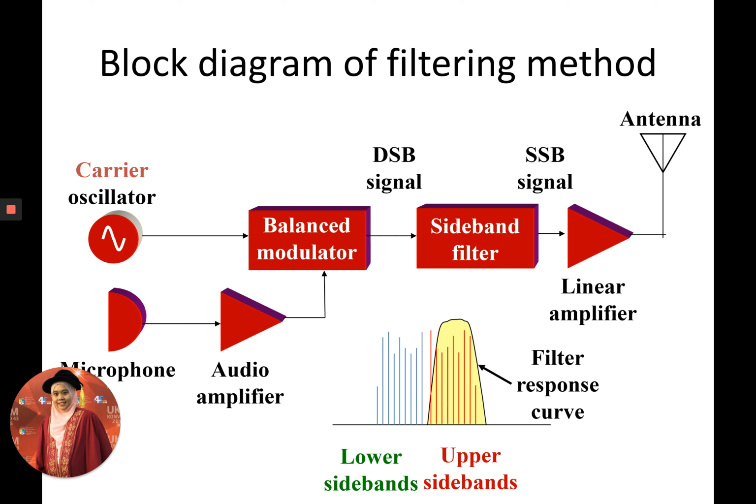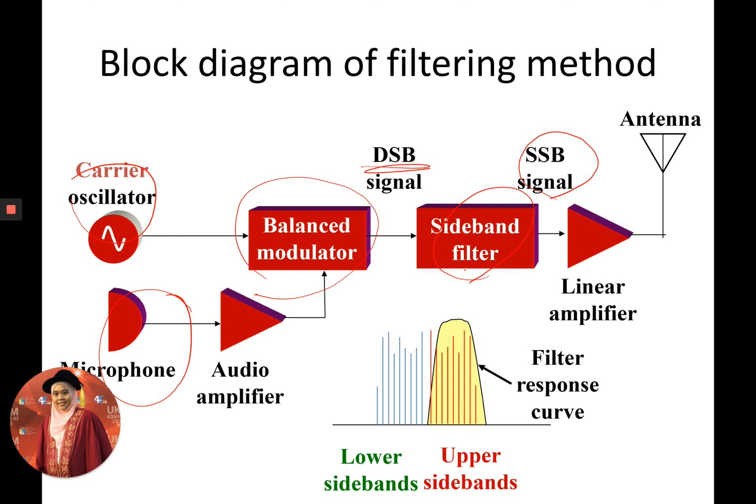So we have the carrier, and we have the modulating signal coming from a microphone, and we use a balance modulator to modulate these two signals and produce a double sideband AM signal. Then we use a sideband filter under the filtering method to produce the single sideband signal.